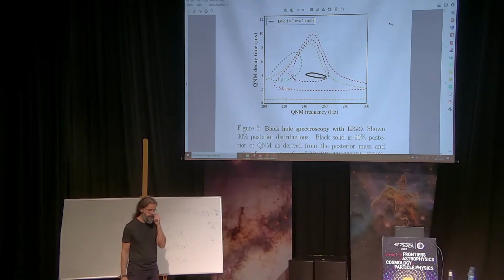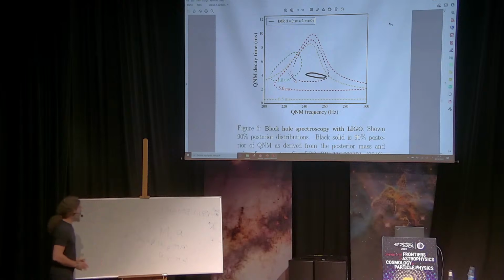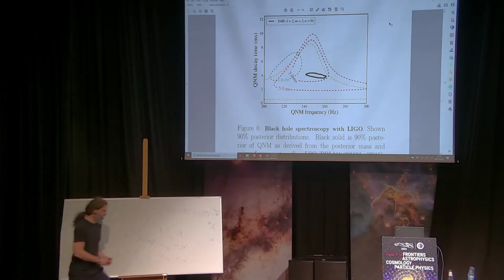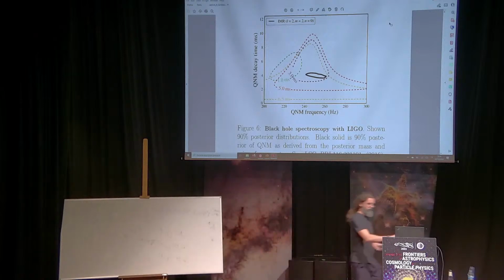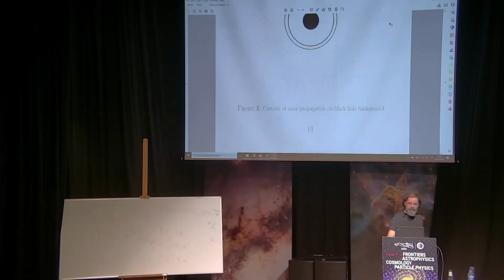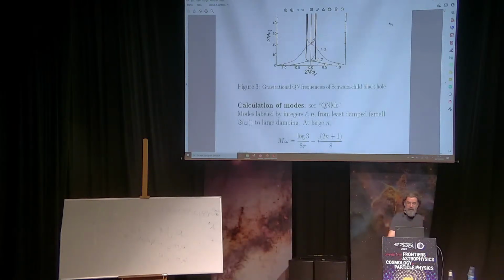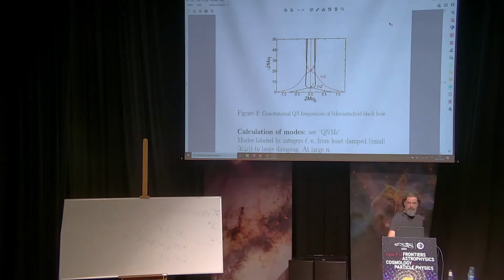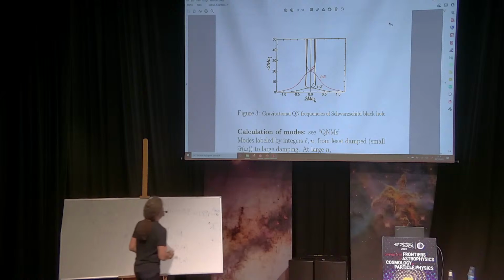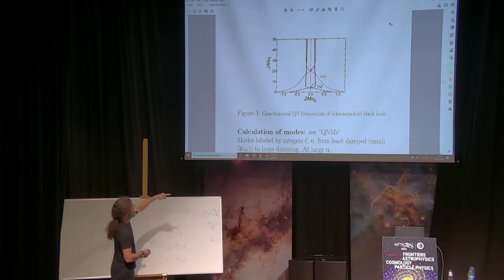Ratios of the frequencies? Oh, sorry, ratios of the frequencies of different normal modes? Good. So the frequency itself is roughly the same. Actually you can check it here. These are the numbers, by the way. I mean, I'm not doing anything. So the frequencies, you measure them on the real axis, okay?